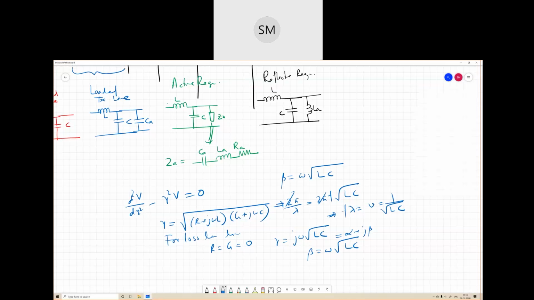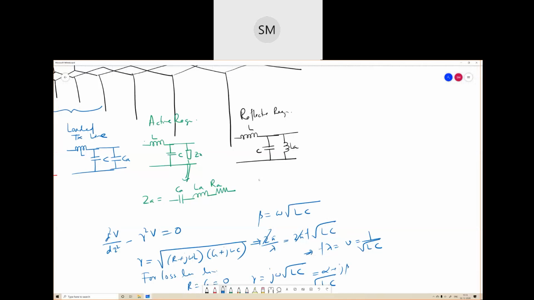Now see here, in the reflective region, we have a parallel combination of C and LA, which could be inductive or capacitive. A parallel combination of a capacitor and an inductor could be either inductive or capacitive depending on its value, right?